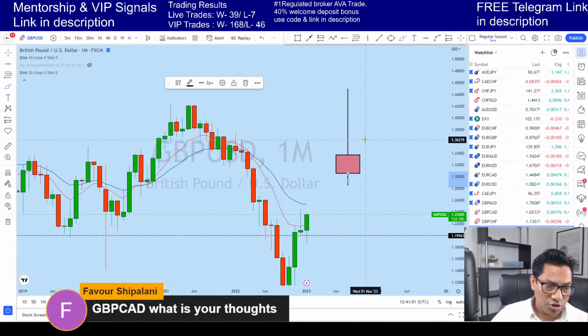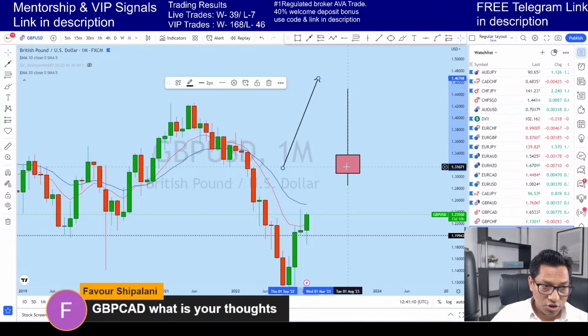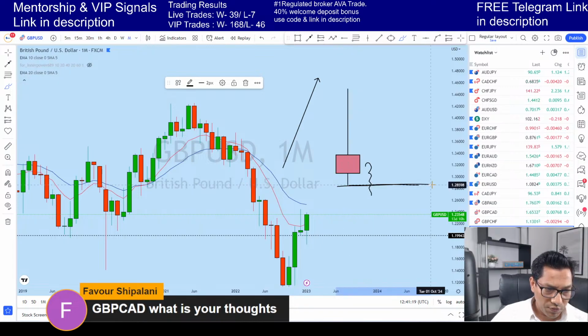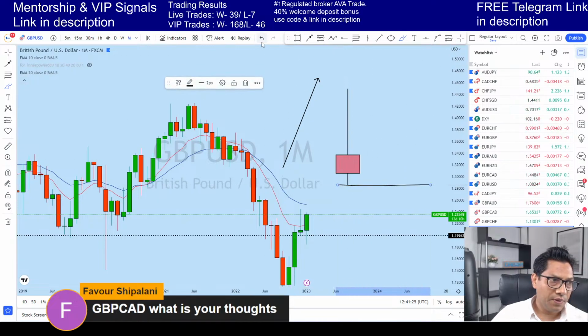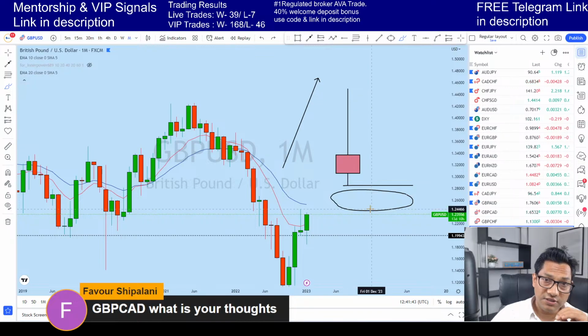Now if the major trend is up, and you see a doji, either red or green, and the price breaks the low of this doji, and then after breaking the low, you see in this zone a reversal pattern, that's a very high probability that the price will reverse from here if it is against the trend.